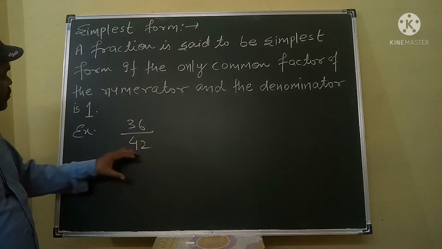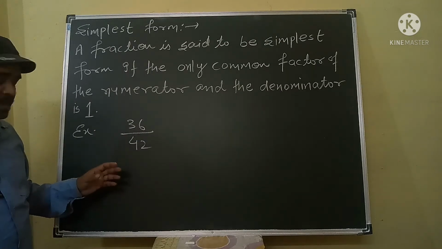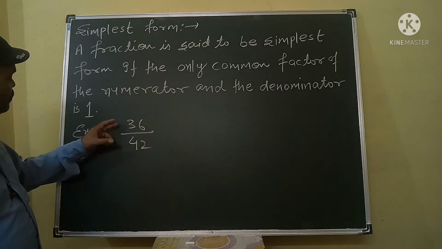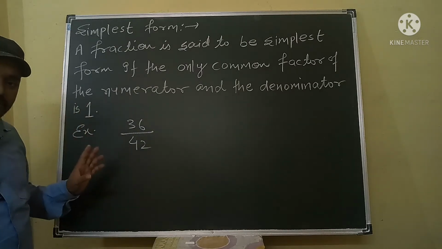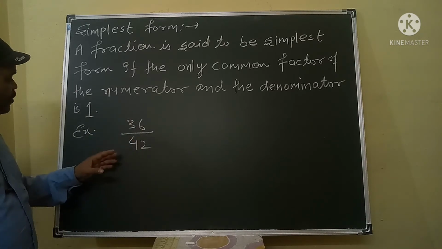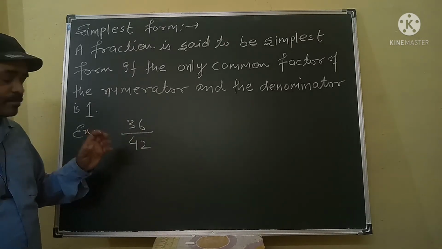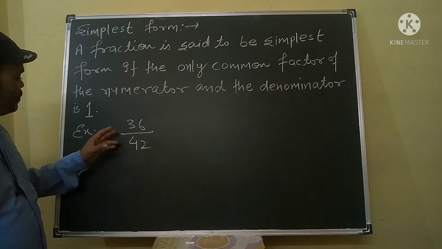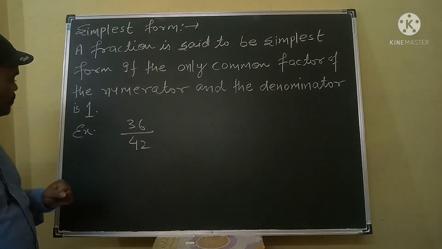How can you find out the simplest form for the given fraction? Please keep in mind, for that type of question, kindly all of you learn the table from 2 to 20.